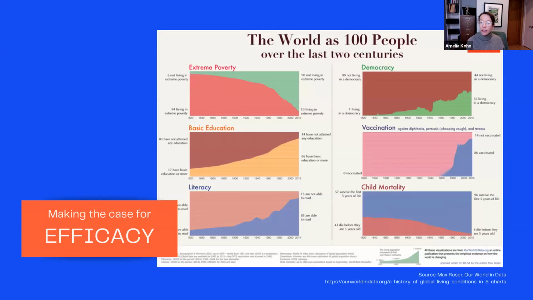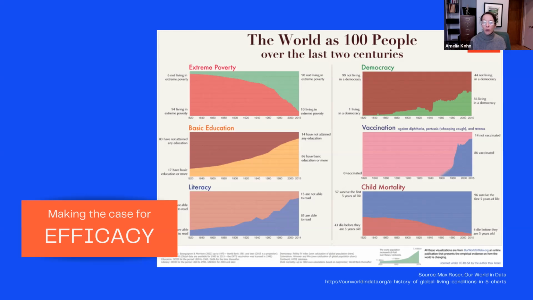Still talking about efficacy, this visualization uses a number of techniques. The type of chart is called a stacked area chart, and it's also using a technique called small multiples, where you put a bunch of small charts next to each other to allow for easier comparison. And it uses a great technique, which, rather than using percentages, uses 100 people.